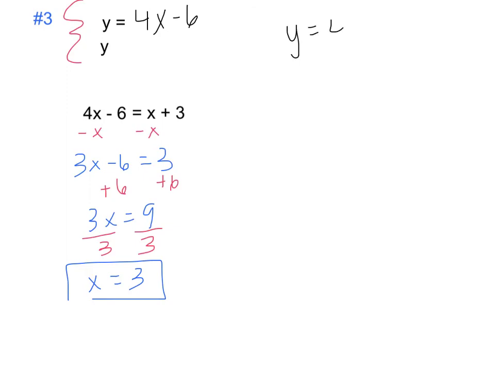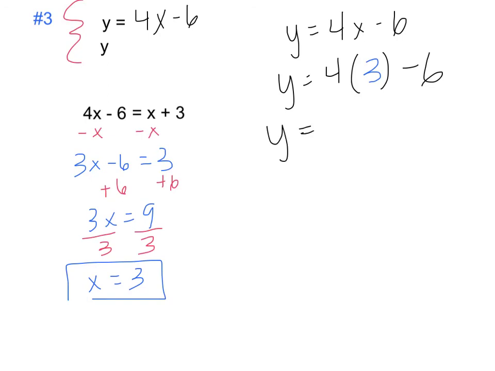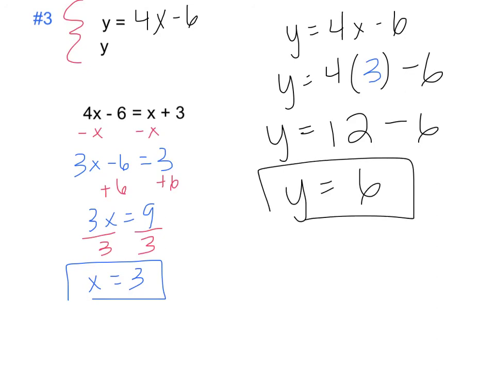If I plug in my value of x, which is 3, I get y is equal to 4 times 3 is 12. 12 minus 6 equals 6. Now I know the value for x and I know the value for y, so I can write my solution as an ordered pair. X is 3 and y is 6.